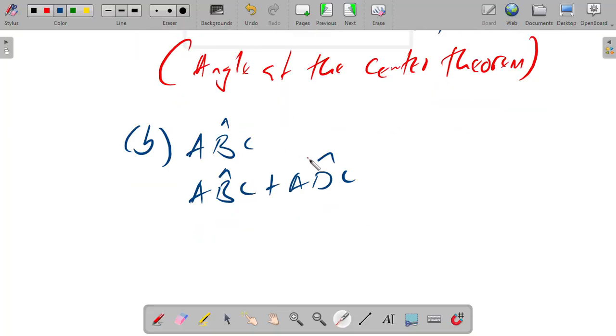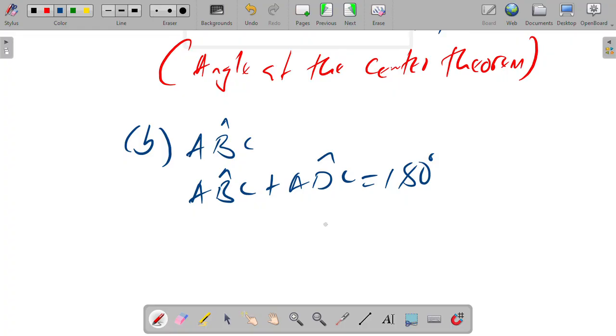Okay, so in order for us to find ABC, we must understand that opposite angles in a cyclic quadrilateral are supplementary. In other words, they add up to 180. Okay, so here we can say they add up to 180, meaning when we find the missing angle, that missing angle, when added to the opposite angle, we have to get 180.